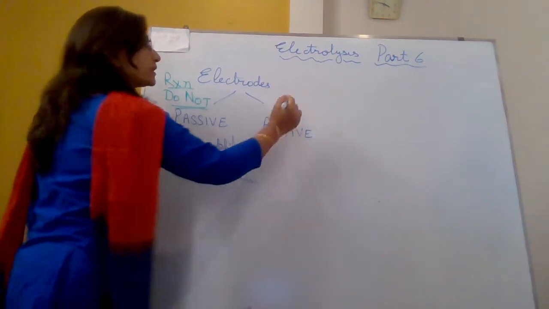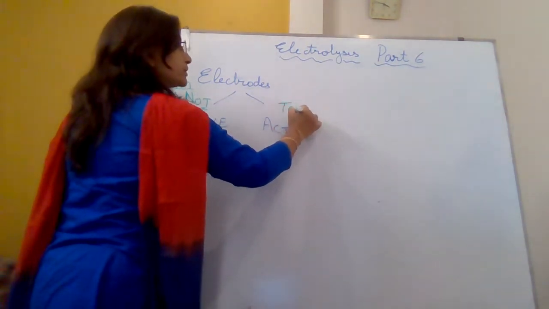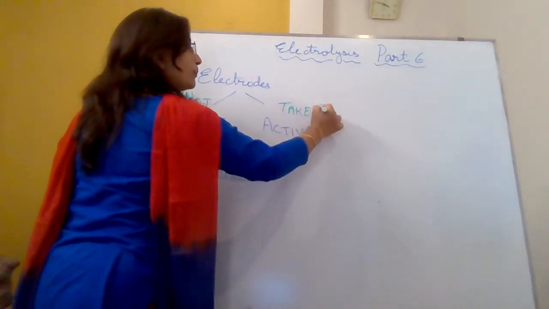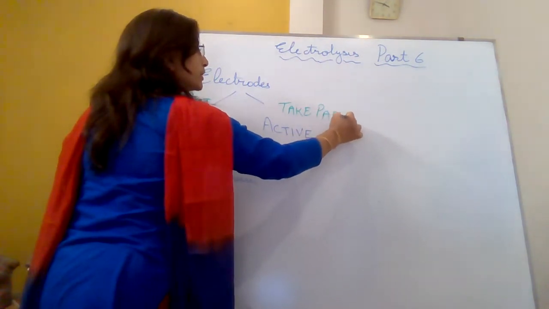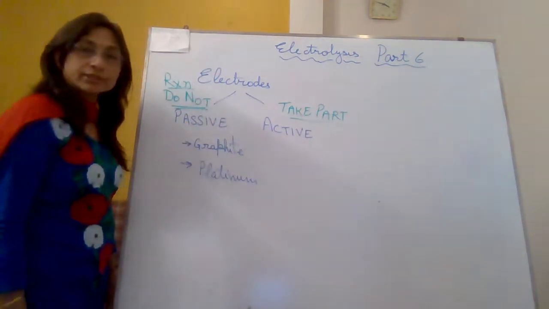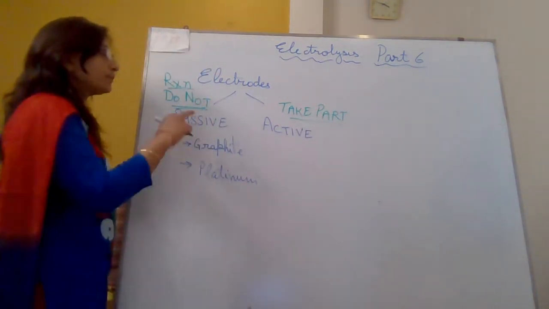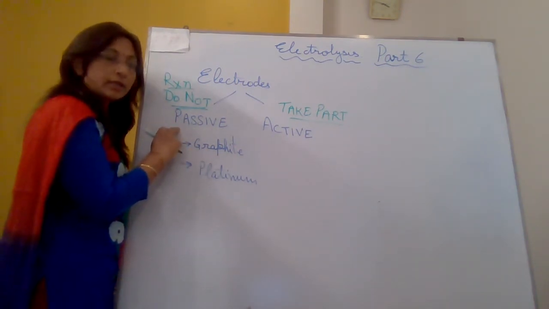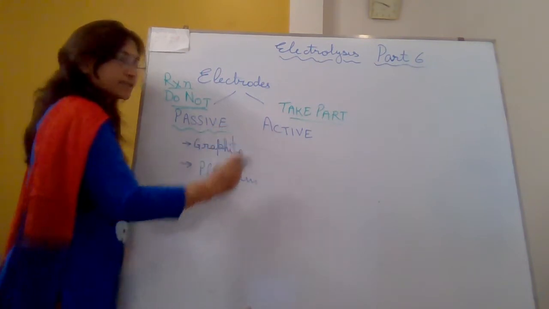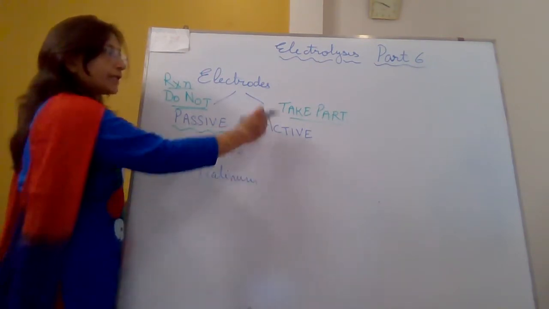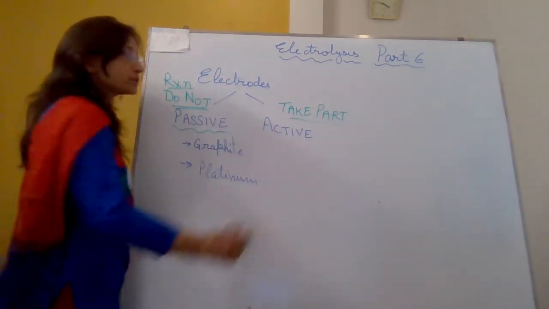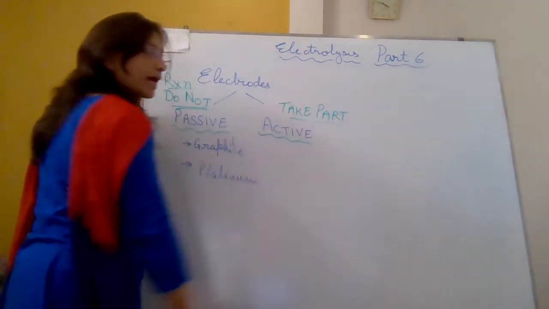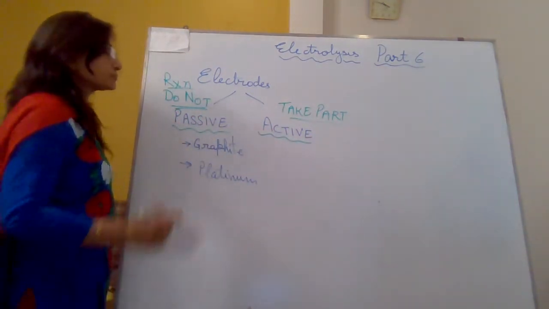Active electrodes are the ones that take part in the reaction. In the electrolytic reaction, if the electrodes are not taking part, then they are known as the passive electrodes, and if the electrodes are taking part in the reaction, we call them the active electrode.